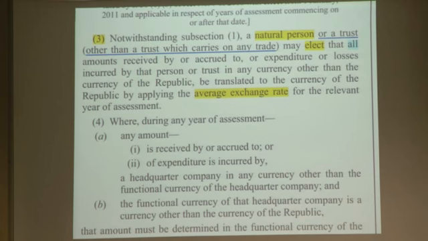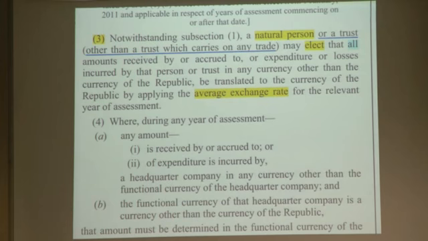But if they decide on average, they have to do average for all the transactions in a foreign currency in that year of assessment. Obviously, if you receive money, you want the gross income to be as low as possible, and if you have an expense, you would like it to be as high as possible. But now you have to determine in that year of assessment whether you have more income or more expenditure to decide which rate you're going to use. Once you determine it for that year of assessment, you stick to that choice, and in the next year of assessment, you can make a new choice. Is that clear?